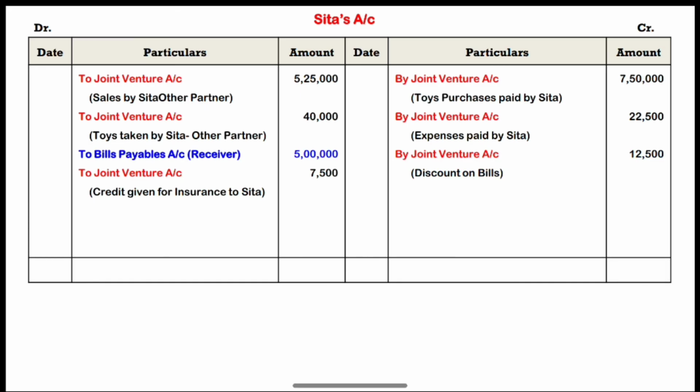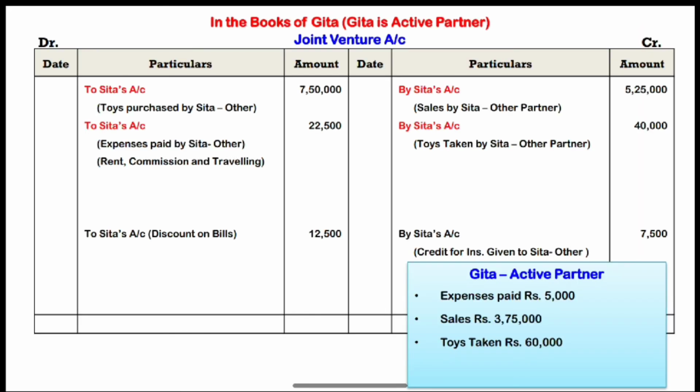Moving to one more, Sita is a receiver. So on the debit side of Sita, debit the receiver. Sita is the receiver, Gita is the giver. So debit the receiver, to bills payable account 5 lakhs. Moving towards the active partner's transactions, expenses paid, sales and toys taken.